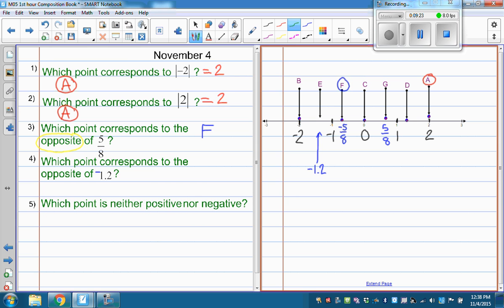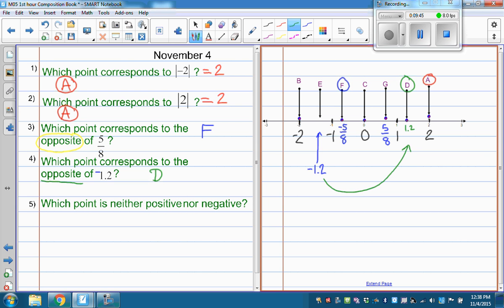And that would be right about here. So that's a tricky question because we're asking for the opposite of negative 1.2. So that would have to be on the other side of 0. So the opposite of negative 1.2 is positive 1.2.